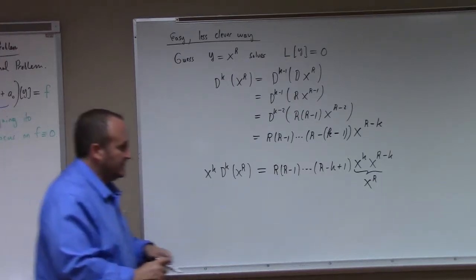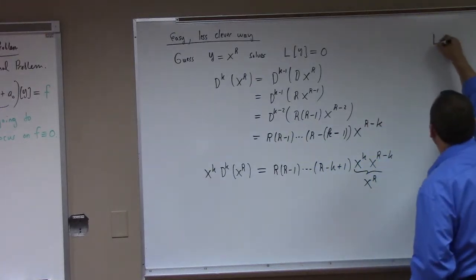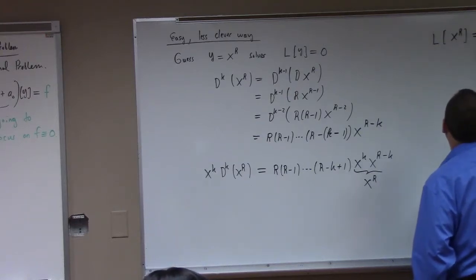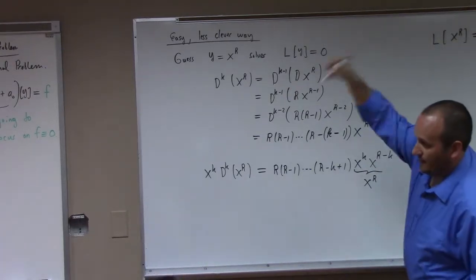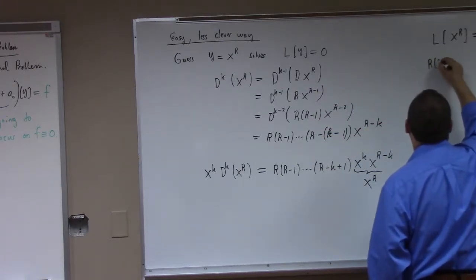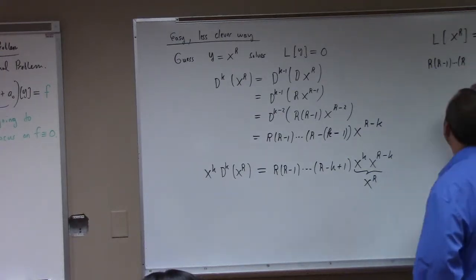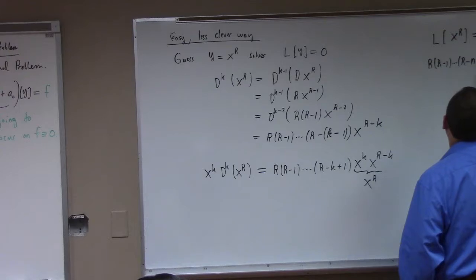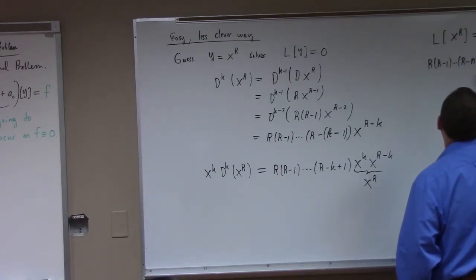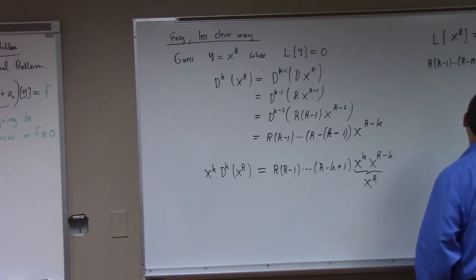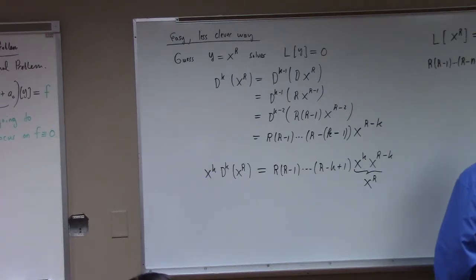So what I'm trying to say is, if we actually follow through this calculation and just straight up plug x to the r into our differential operator L and set that equal to 0, what that's going to give us on the nth term is r times r minus 1 times, how many, r minus n plus 1, yeah? Plus a n, r times r minus 1 up to r minus n plus 2, plus, plus r times r minus 1 a2, I think.